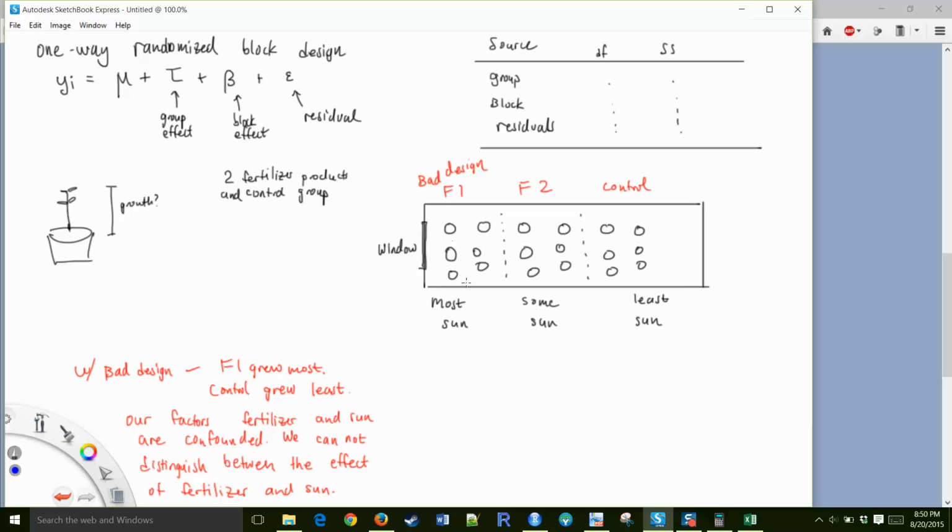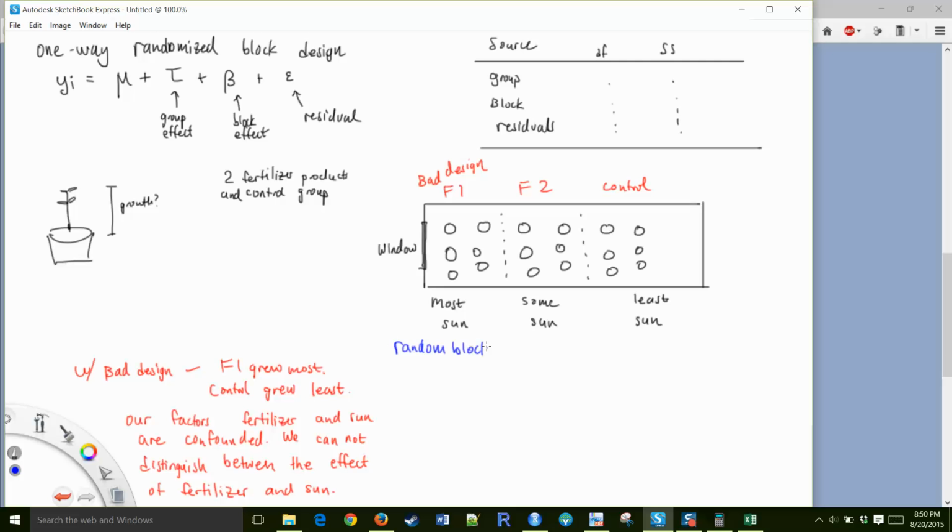And then we randomly assign those to these plants. And then over here we say the same thing. We're going to have 2 fertilizer 1, 2 fertilizer 2, and 2 control, randomly assigned among these 6 plants, and 2 fertilizer 1, 2 fertilizer 2, and 2 control, also randomly assigned here.